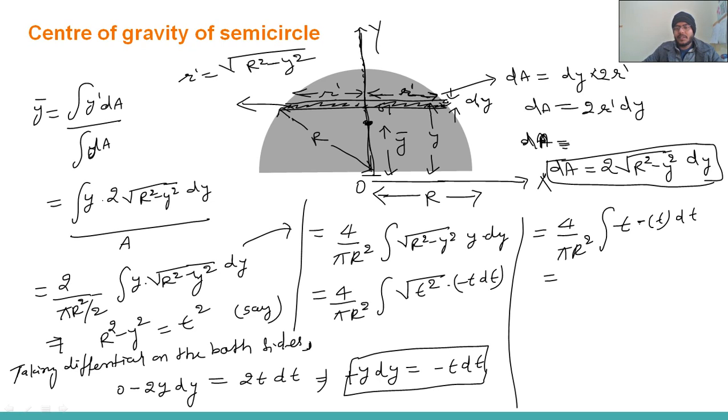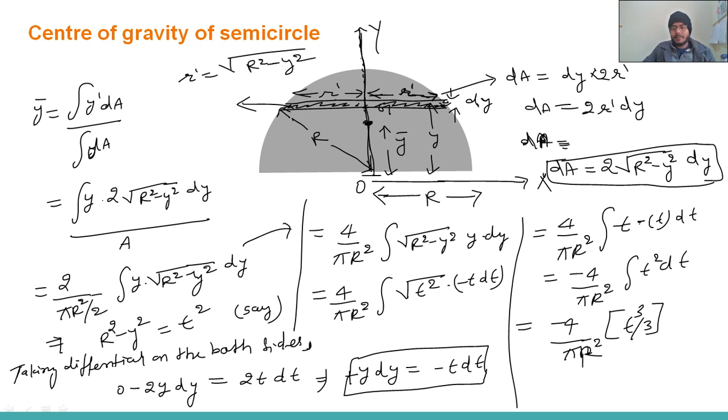So this will become t square. The minus we will take outside, so we can write minus 4 divided by pi r square into t square dt. And for t square dt, we know what the integration is. That will be t cube divided by 3.